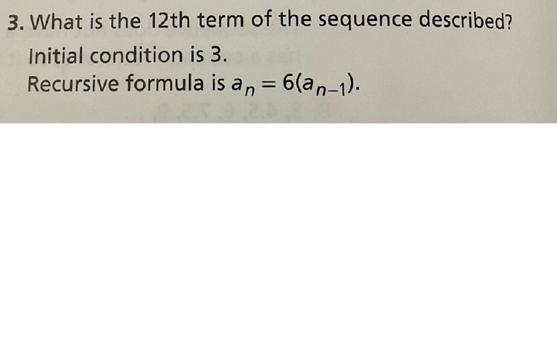Initial condition is your a sub 1. That's the first value, your initial value. So this is the geometric sequence starting at 3. What else do we know about this geometric sequence? The common ratio is 6, because this is the common ratio from that first formula, right?